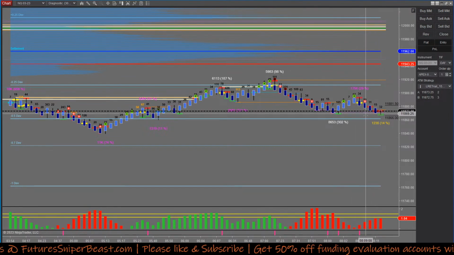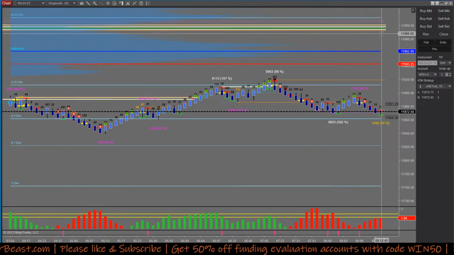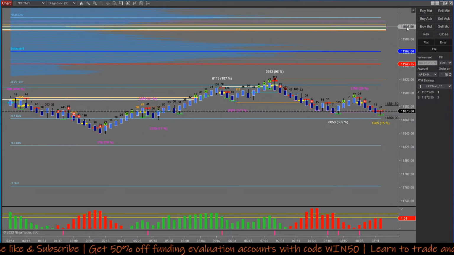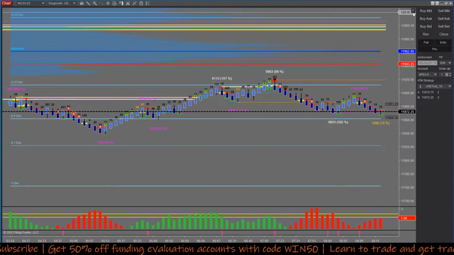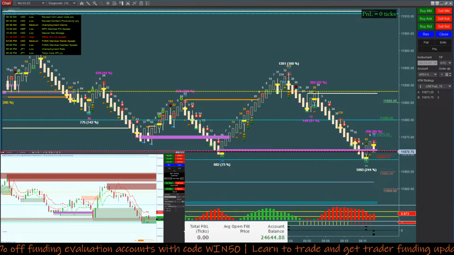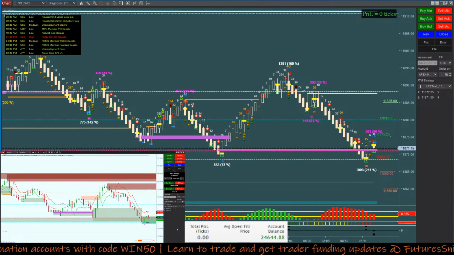Barely broke the low of the last one. Look up here at 12,000, and look at all that. But that's at 12,000, so that's kind of expected. Let's see if this thing can keep going short.